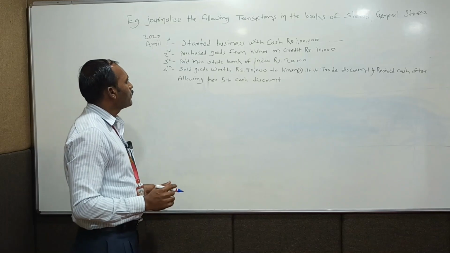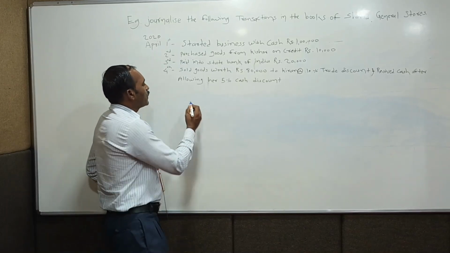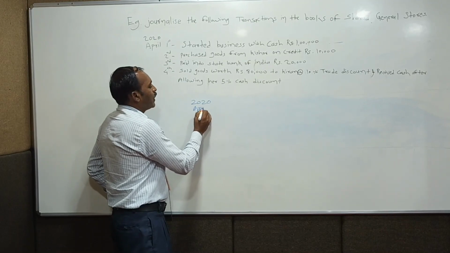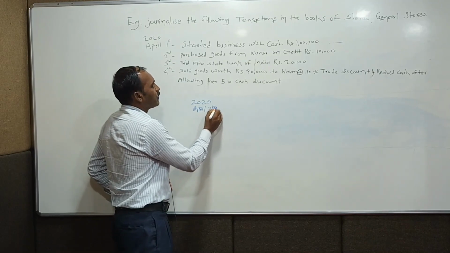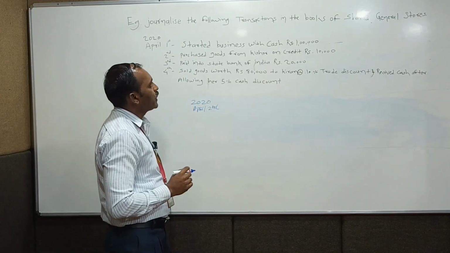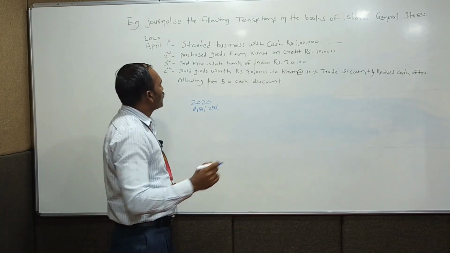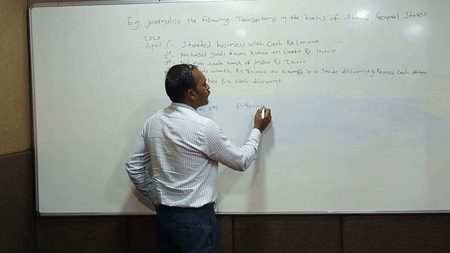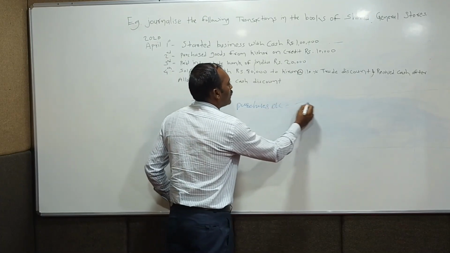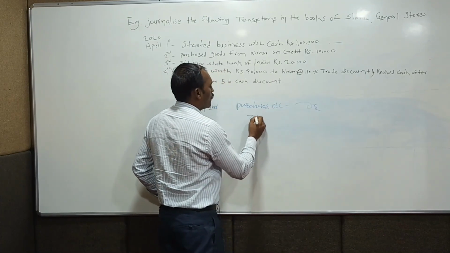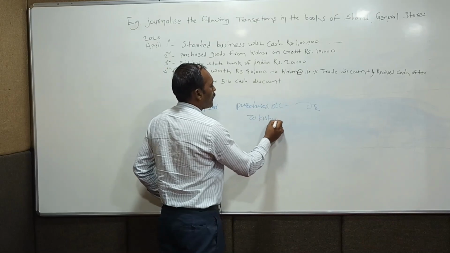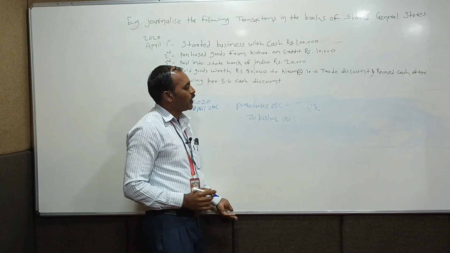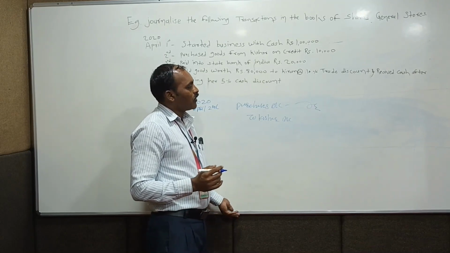So this entry is passed in the books of Sharad. First the date 2020 April 2nd. The first account is debit and the second account is credit. So purchases account debit to Kishore account. The debit account amount is recorded in the debit column, and the credit account amount is recorded in the credit column.